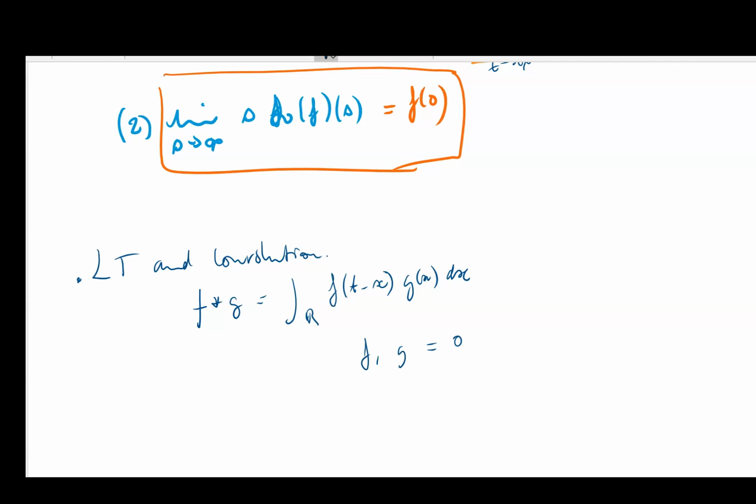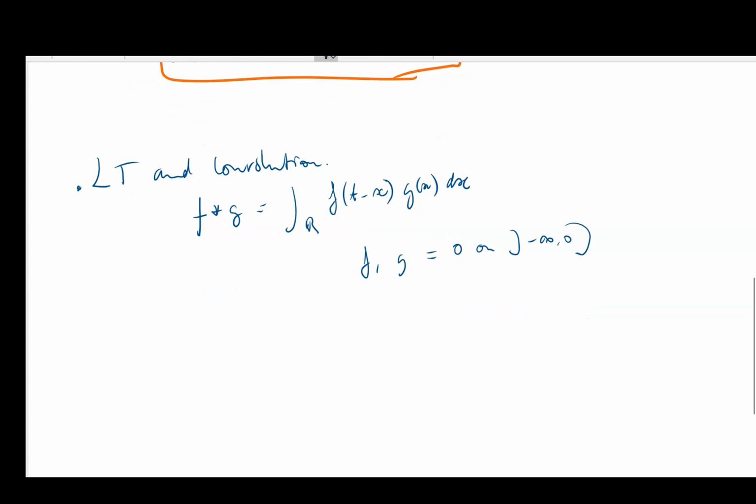They are both equal to 0 on negative infinity to 0, because we should always consider them as being multiplied by these Heaviside functions. So what do we get in that case?